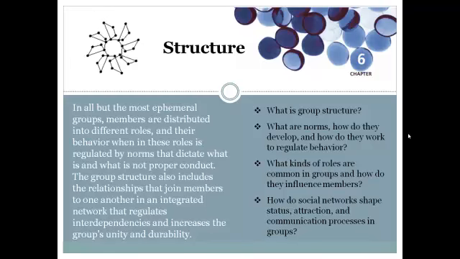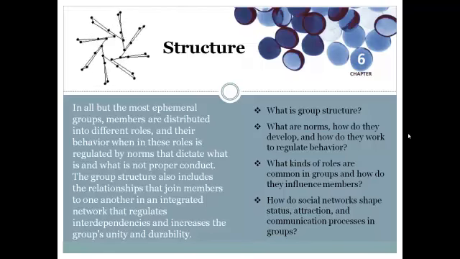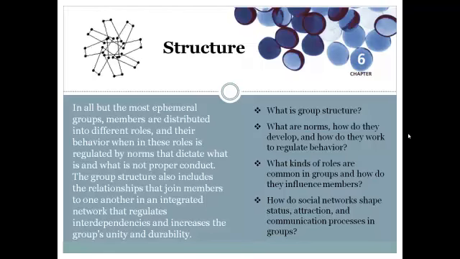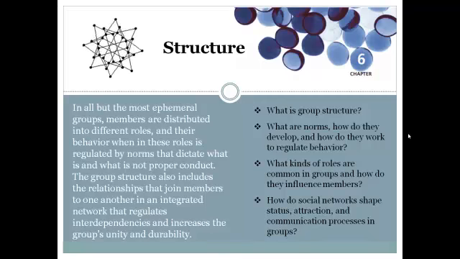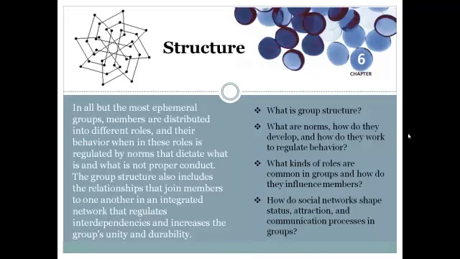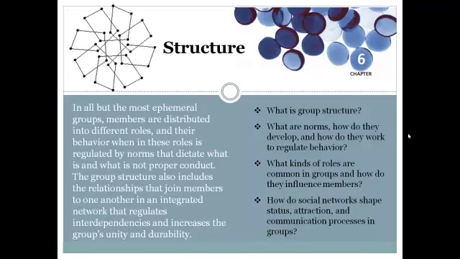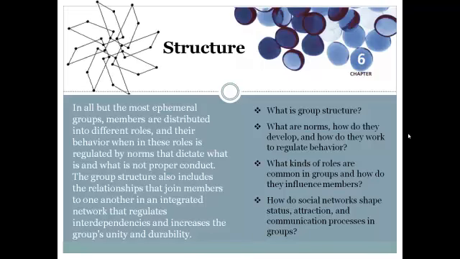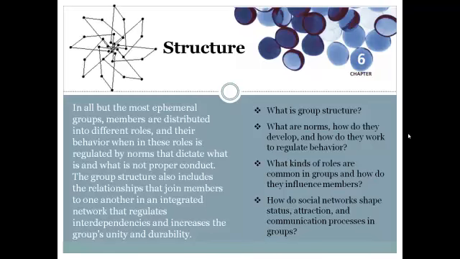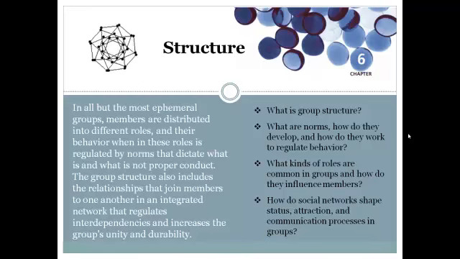Okay, today we're going to be talking about group structure. Basically, when people get together into groups, the group usually has some kind of a structure. There are certain kinds of rules, both written and unwritten, as far as how to behave in the group, how you're supposed to act with each other.